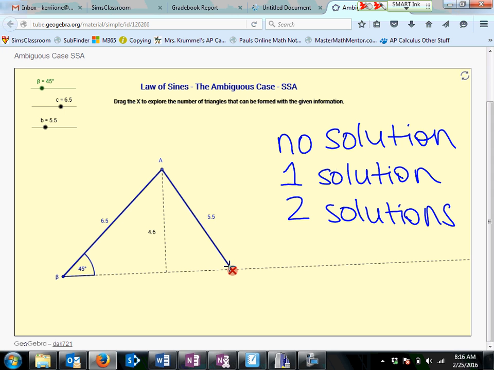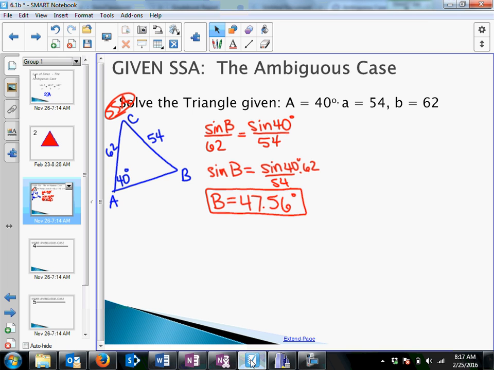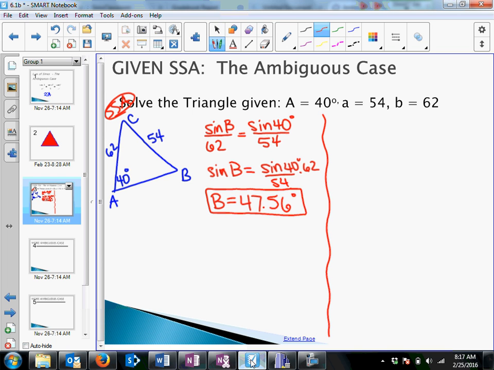One is obtuse, one is acute. So I want you to rethink what you said. These two are going to be supplementary. So when we go to find our potential second triangle, how are we going to find angle B?